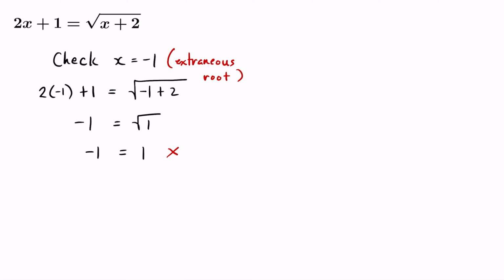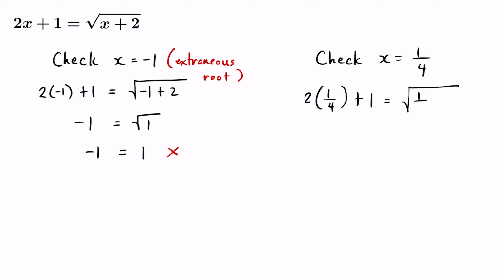Now, let's look at the second value of x. Let's check x = 1/4. Plugging this value into our equation, we get 2 times 1/4 plus 1 equal to the square root of 1/4 plus 2.